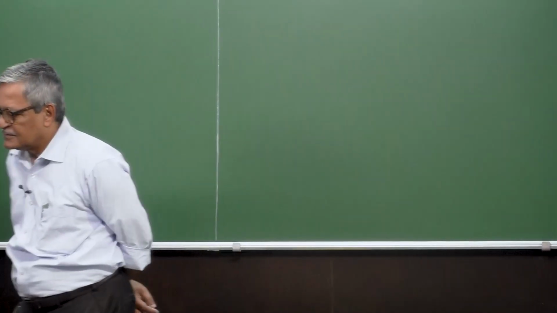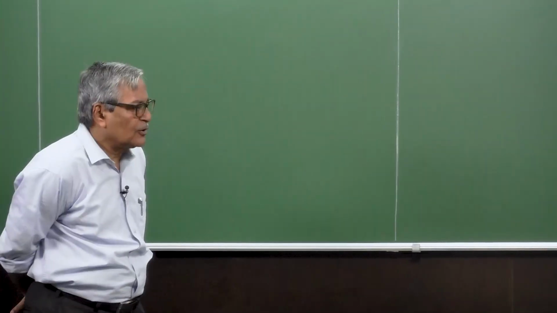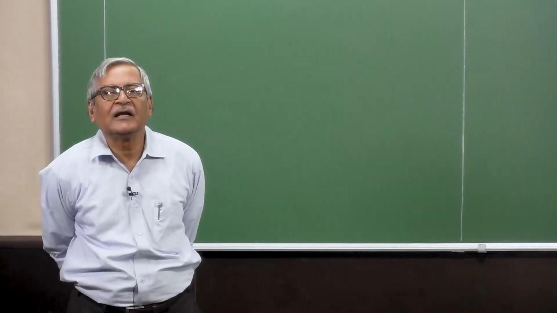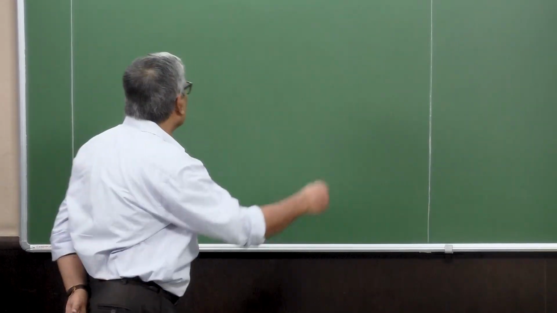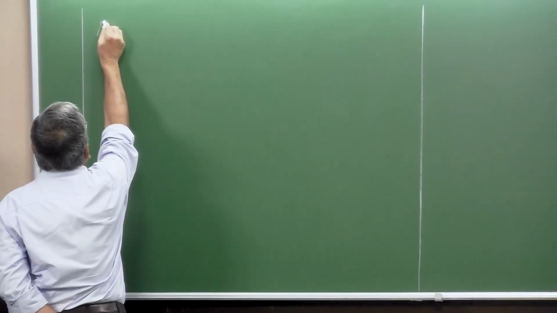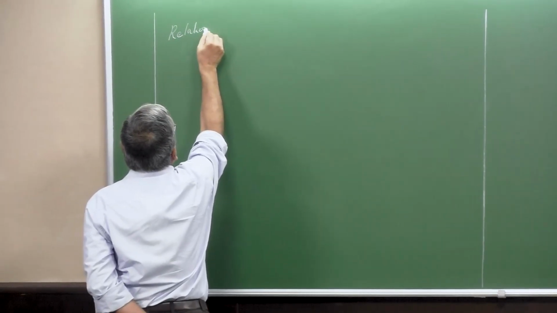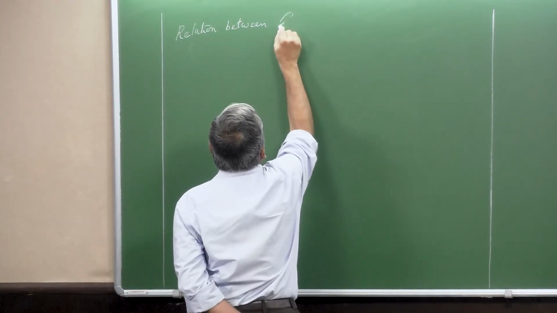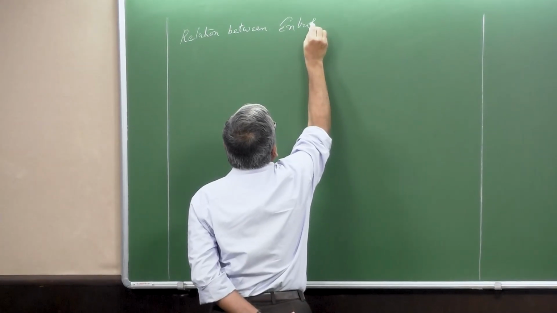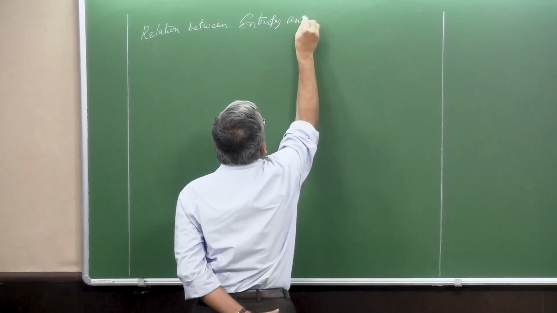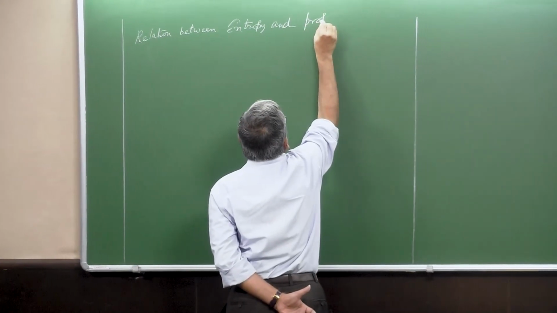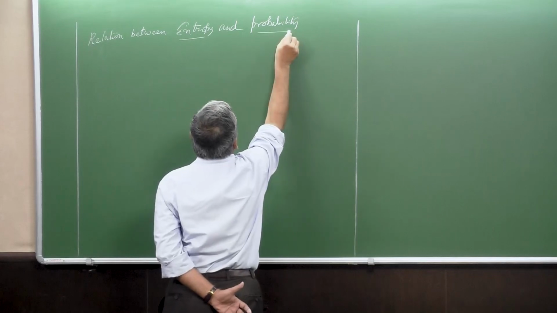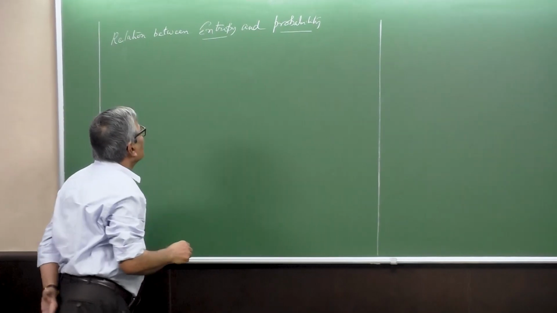We had been discussing this relation between the entropy and the probability, and we actually arrived at a very important relation that S is equal to k ln W. So, the relation between entropy and probability is something that is celebrated in thermodynamics and statistical mechanics and in science in general.